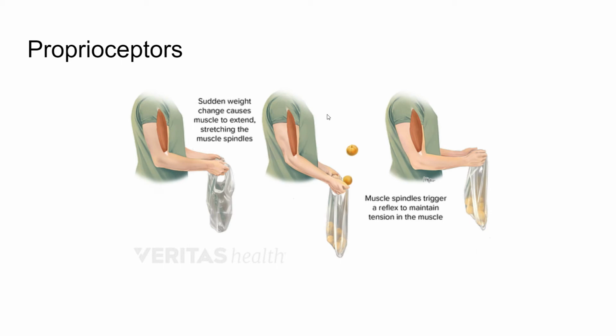And when you catch that, you know that if you just leave your arms limp, you're going to drop the bag. Your arms are going to go down. You get it. So you tighten up your muscles in order to respond to the weight change that is happening there. And so these are proprioceptors. These are your muscles responding to change.